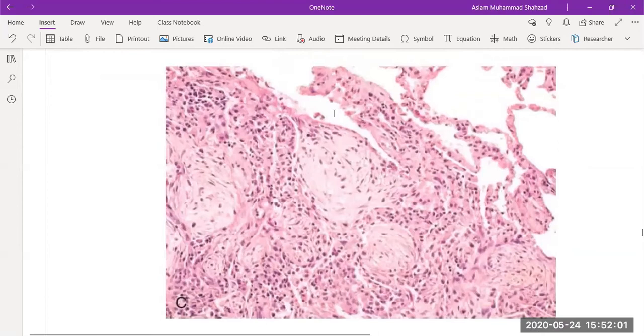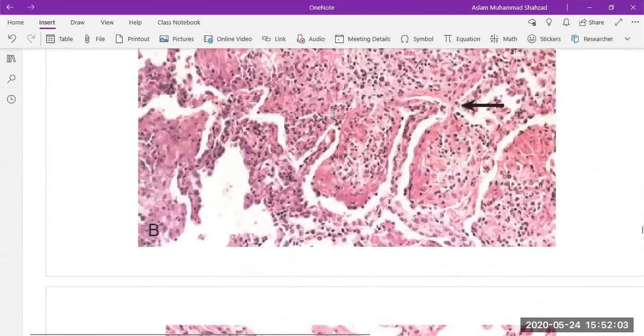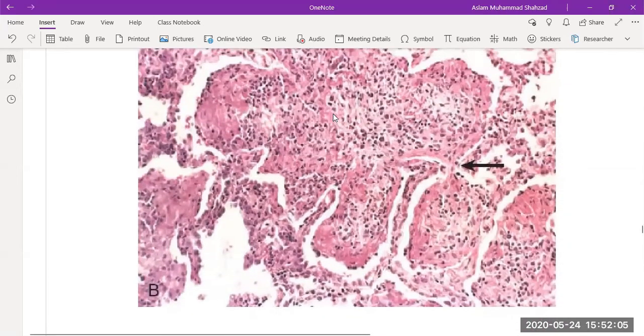And in the pictures that we see here, in both of the pictures, you can see this is actually the alveolar septa, which is connected with the alveoli, and it is filled with exudates. So they are showing you the presence of congestion.